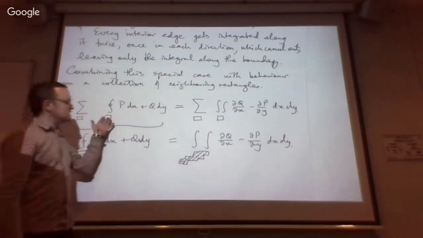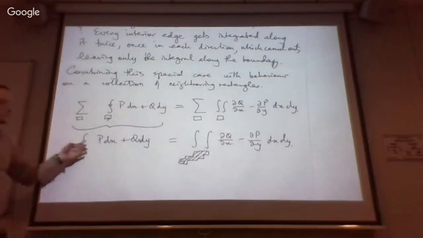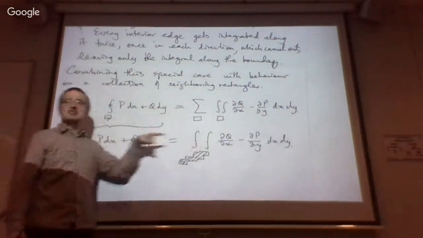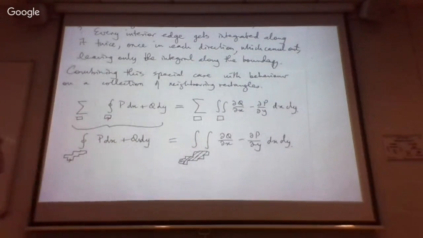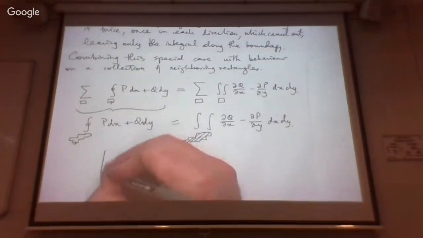So we get Green's theorem on a single rectangle. By combining them together, we get Green's theorem on regions which have a rectangular boundary, regions that are made up of gluing a load of similarly sized rectangles edge to edge. Just get the integral along the boundary. And then we have a convergence argument.